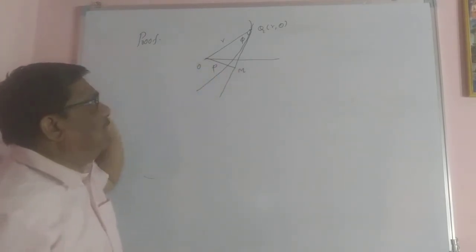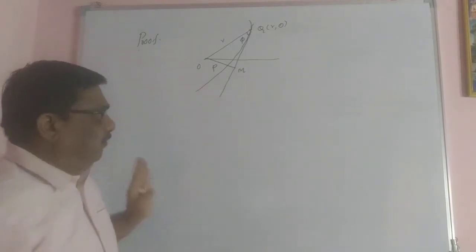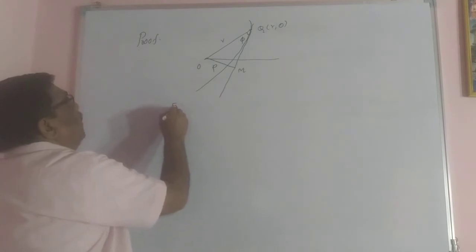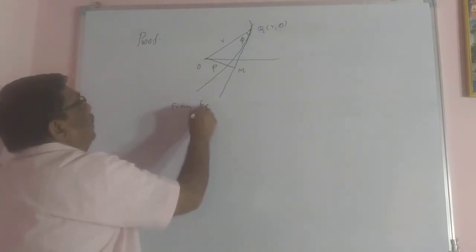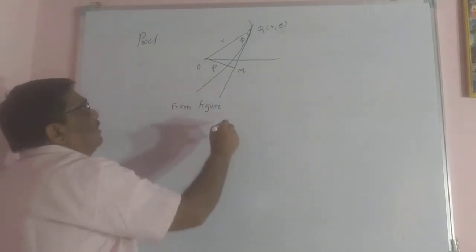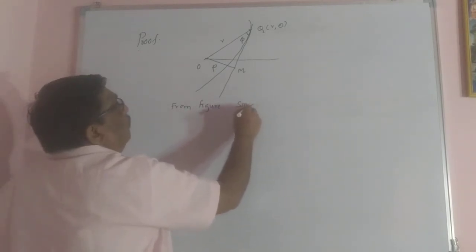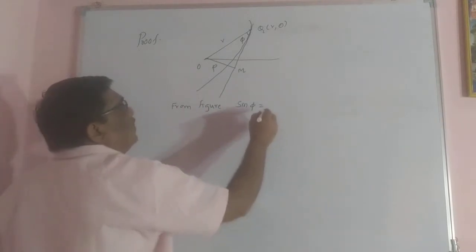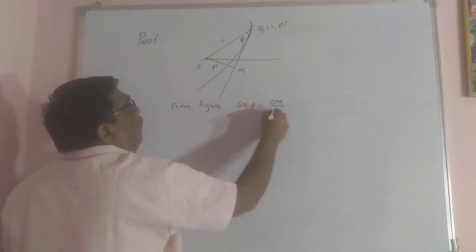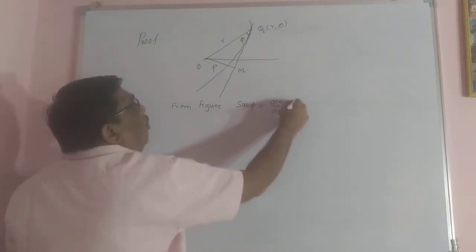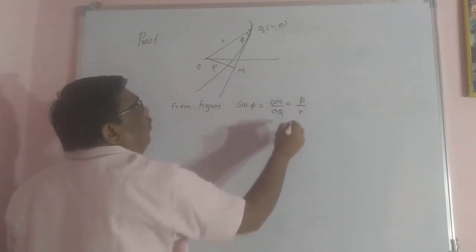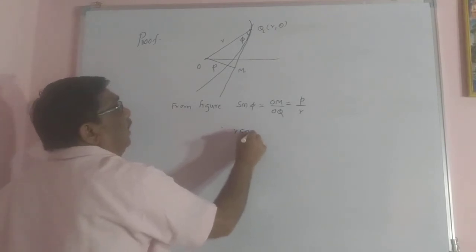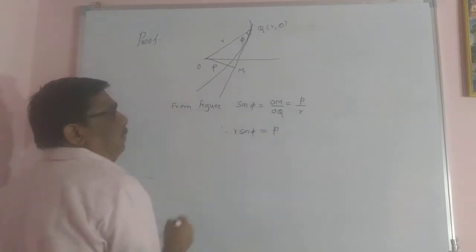Then from the figure, sin psi equal to opposite side by hypotenuse, that is OM divided by OQ. So OM is p, OQ is r.